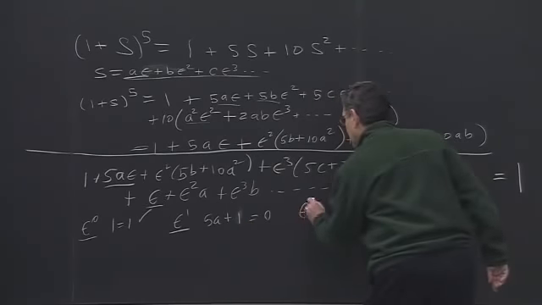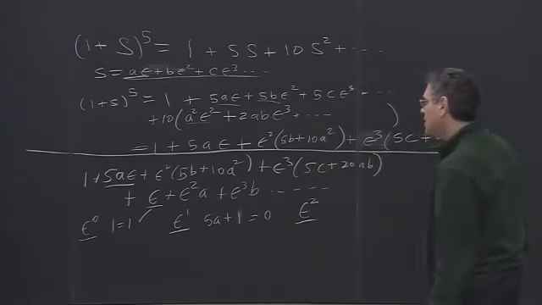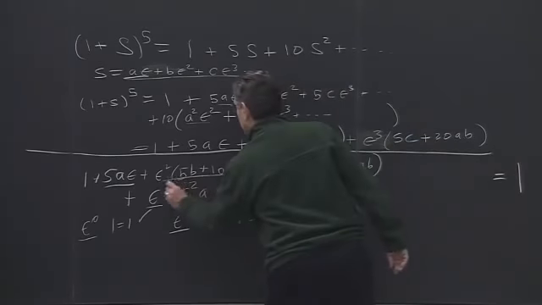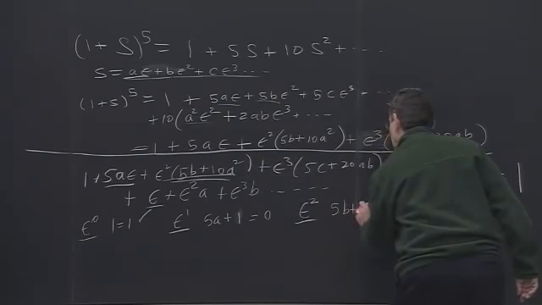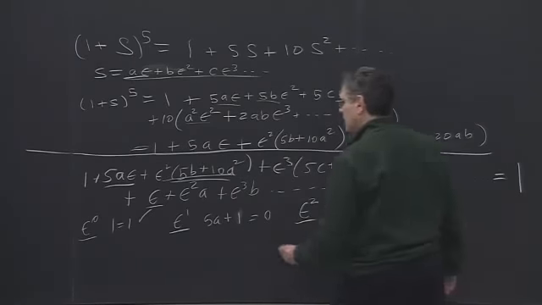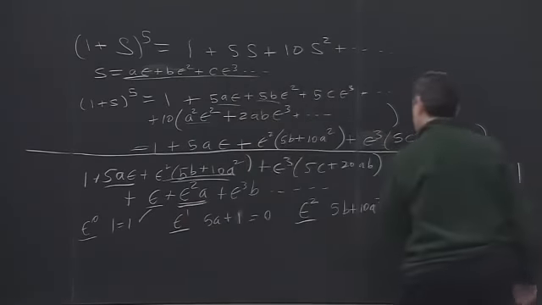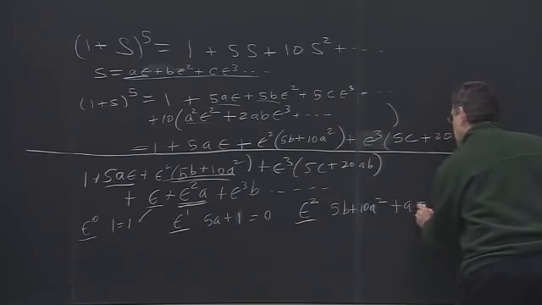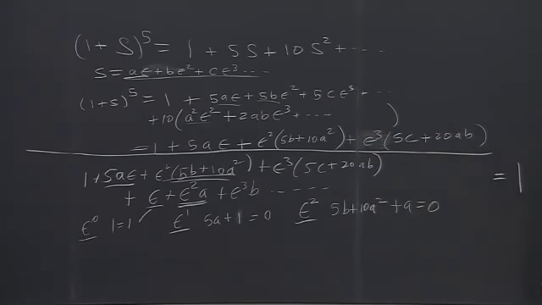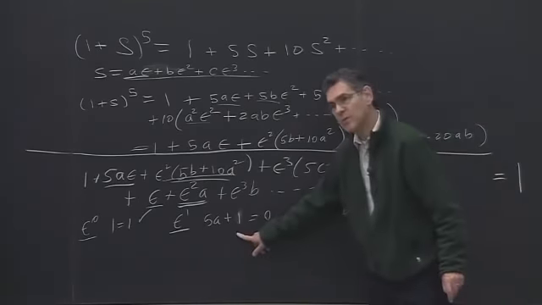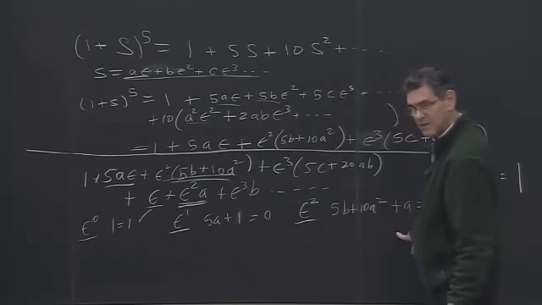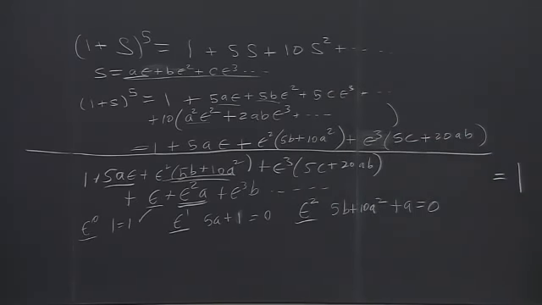What about the coefficient of epsilon squared? That says 5b plus 10a squared plus a is equal to 0. Now this problem is a little bit messier than the last one, but you have to agree that this is in the category of trivial, okay?